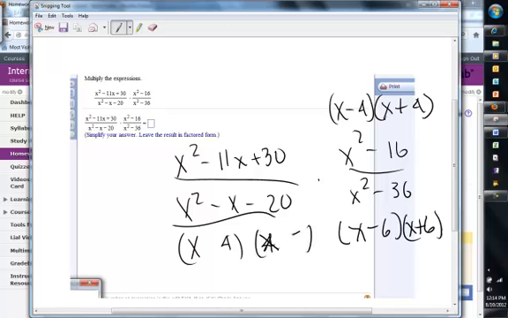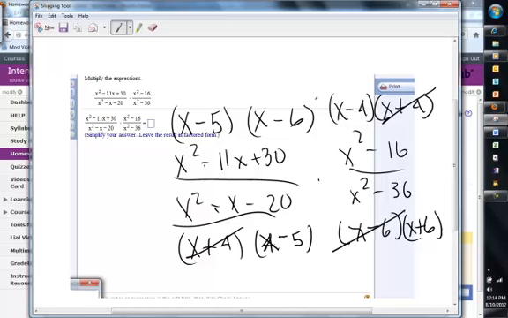X minus 5, x plus 4. So that takes care of that one. I have a hunch this is going to be x minus 5, x minus 6, because it's minus 11. What two numbers multiplied equal 30, added equal negative 11.